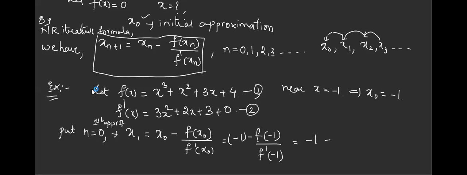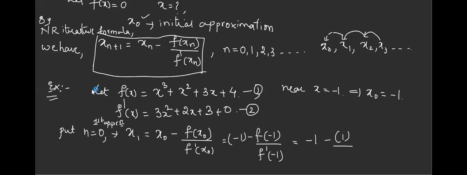In equation 1, you replace x by minus 1 and tell me what you'll get. Minus 1 cube is minus 1 and plus 1 cancels. 3 into minus 1 means minus 3, plus 4 is how much? 1.